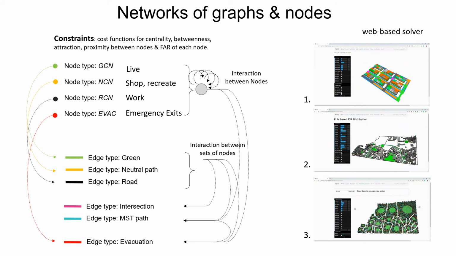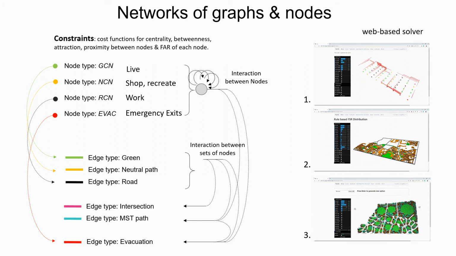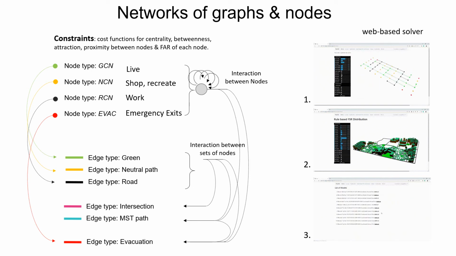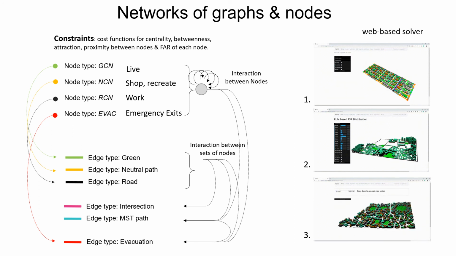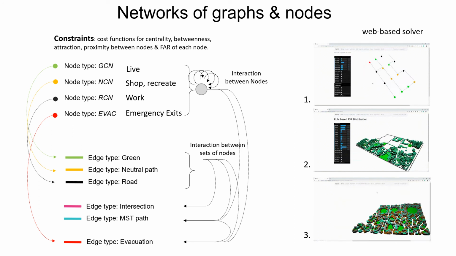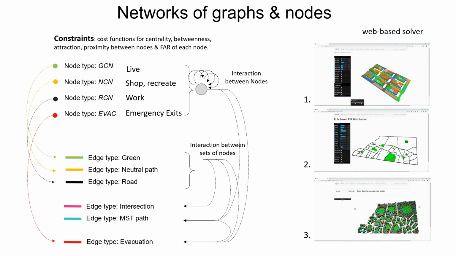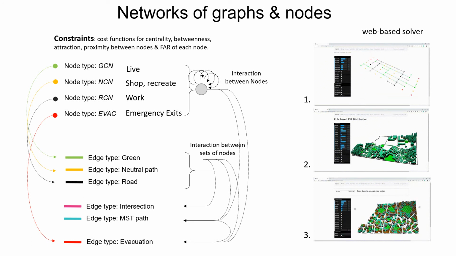Large-scale design problems can be formulated in other ways based on networks or graph theory. They rely on grouping of nodes, routing, and pathfinding. The problem formulation is based on cost functions for proximity, centrality, dispersal, and multiple connectivity requirements. Here we see samples where in the first solver, various types of nodes are placed and routes are determined.